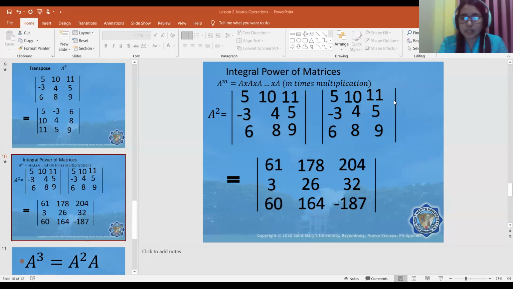So I will ask you to verify if we obtained the correct answer, because this must be a positive value. Because of course we do not have negative values in our rows and in our columns. The negative value is only this one, negative 3. So let us just verify.